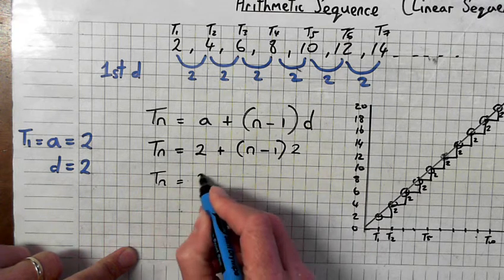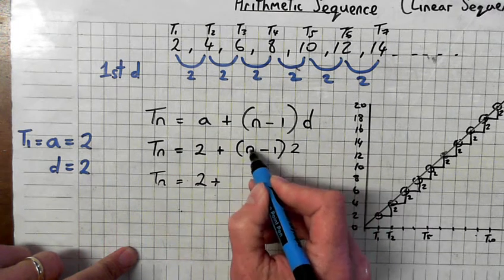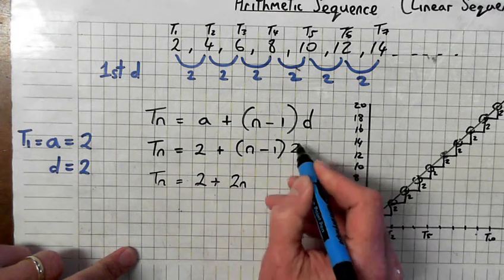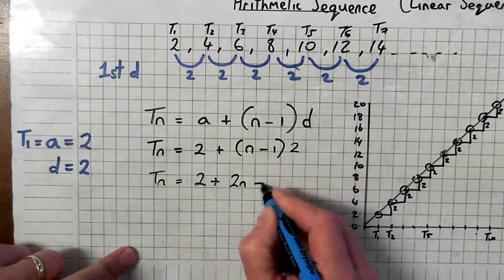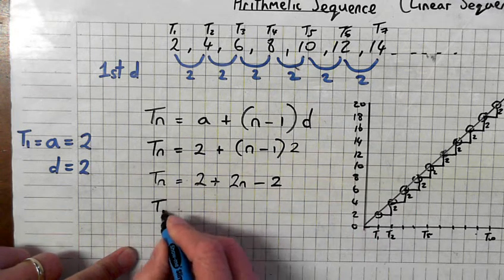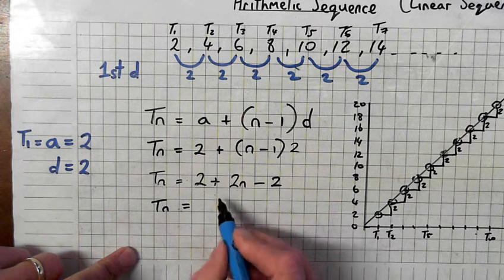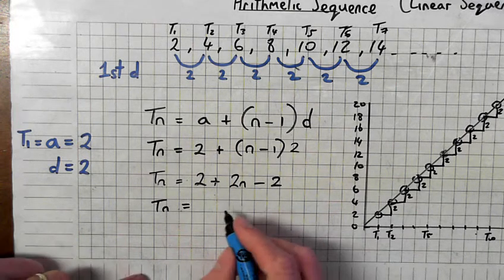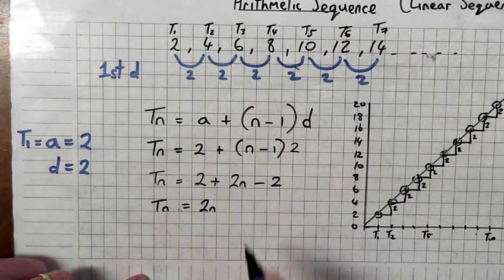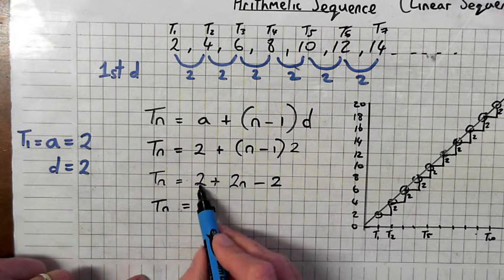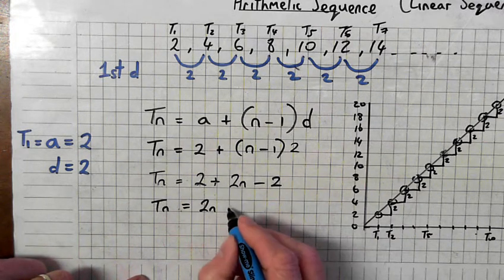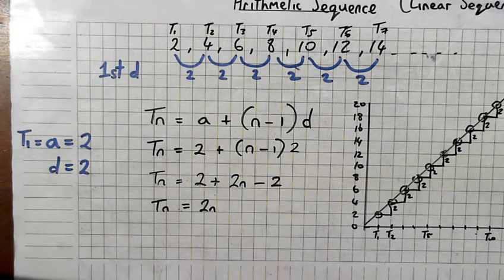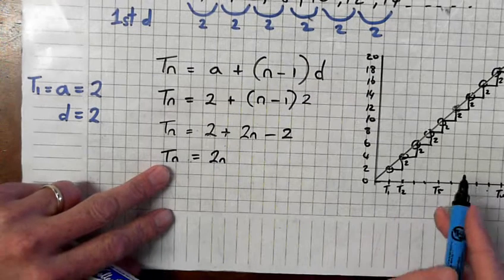Now watch this carefully. 2 times n minus 1. Tn is equal to 2n, what's plus 2 minus 2? It's 0, isn't it? Right, so that's my formula for the sequence, and we'll check it out.